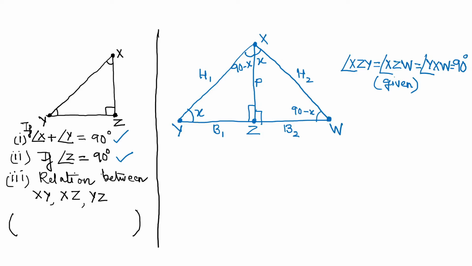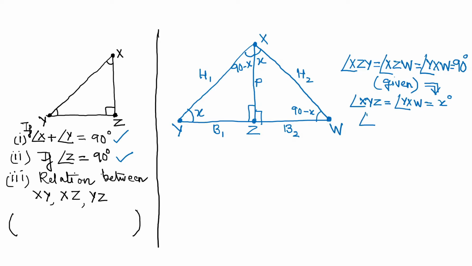So now what is the outcome of this? The information that is given to you. Let us write down the outcomes here. We are able to say that angle XYZ is the same as angle YXW, which is the same as X degrees.